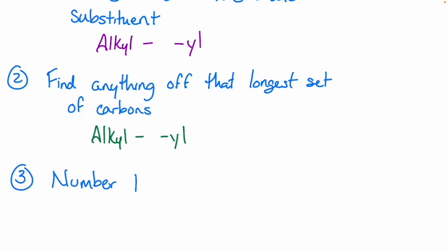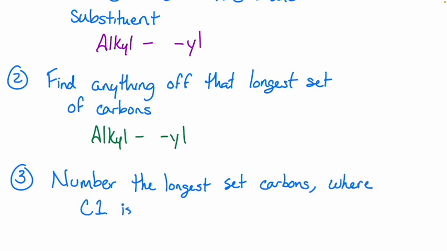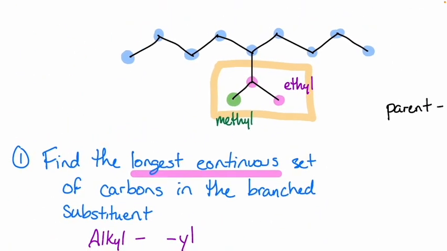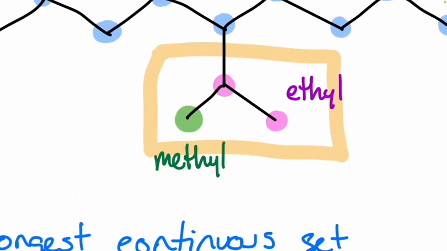So we're going to number the longest set of carbons, where that first carbon, C1, is the carbon bound to the parent chain. So if I'm going to go in and number here, the one that's bound to the parent chain is carbon 1. The other one would be carbon 2.